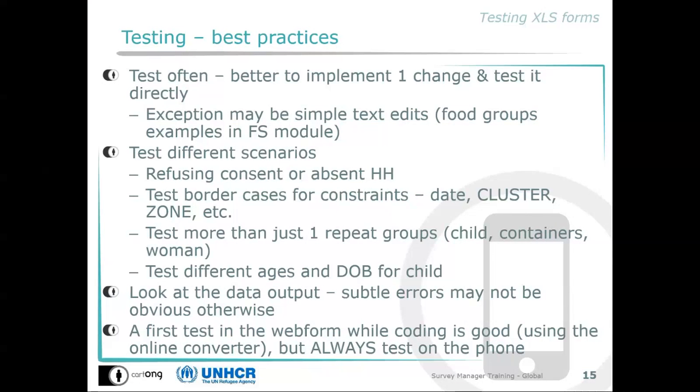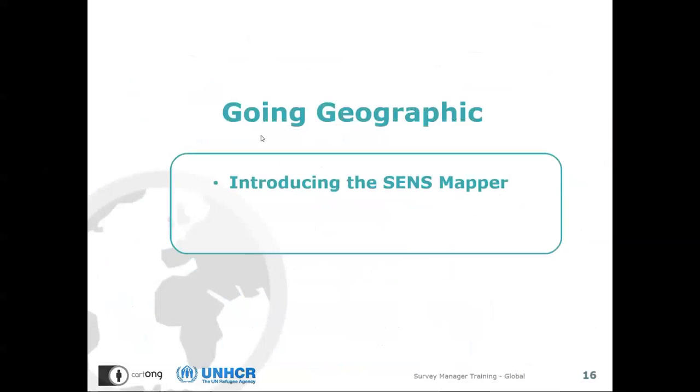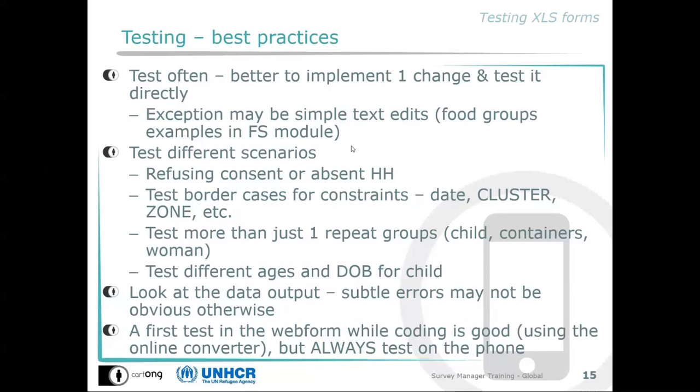Oops, sorry. So always test different scenarios. Always test through for consent or for absent household, just to see whether any questions unduly pop up when a household has not given consent or has been absent.